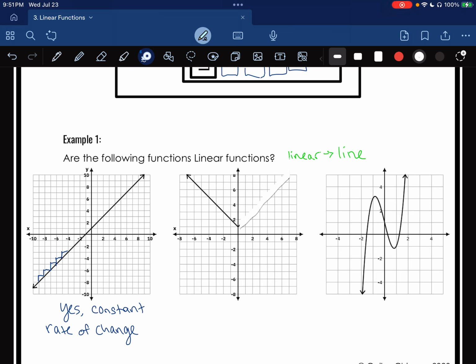And if I cover up this part of the line here, that's kind of looking like a line too. But unfortunately, it's these two parts together, so it's not having that constant rate of change. So this one is not a linear function. We would say no, not a constant rate of change.